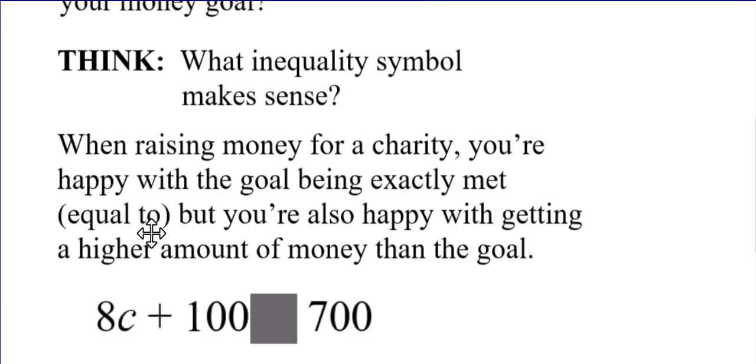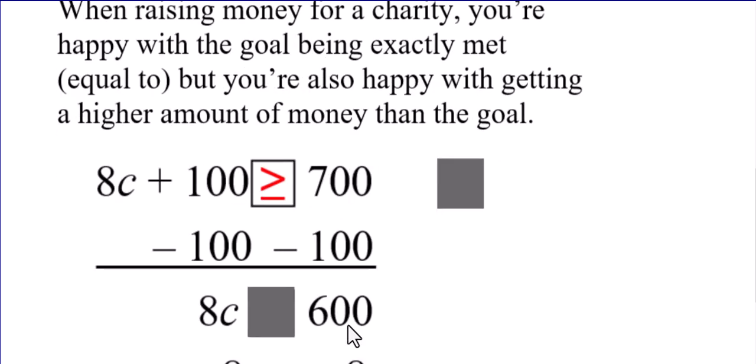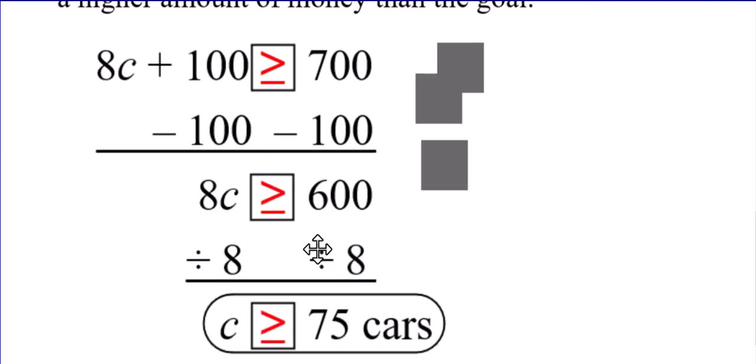So we're happy with it being equal to, but we're also happy with getting a higher amount. So pencils in your hand, that would be greater than or equal to the goal of $700. So continue filling in these boxes. Greater than or equal to is the inequality symbol that makes sense for this problem.